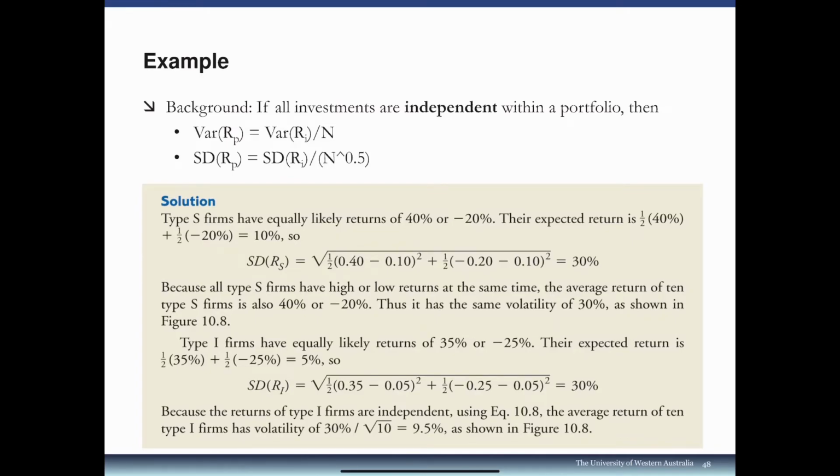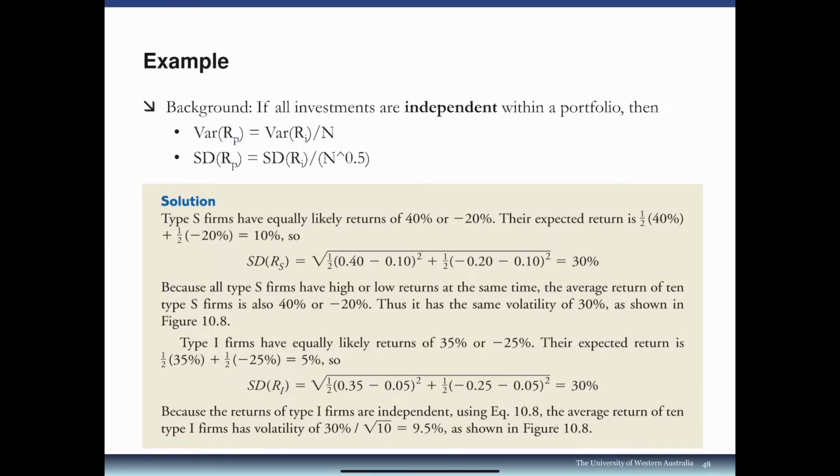And for type I firms, I can calculate the expected return as 5% here. For the individual asset, the standard deviation will be, again using the variance formula, a 50% chance times 0.35, the upside, minus the average return 5% squared, plus a half times minus 25%, the downside, minus 5%, the expected return, squared. So the standard deviation of that is 30%.